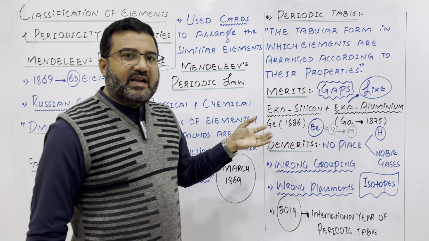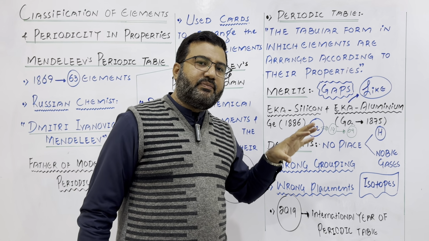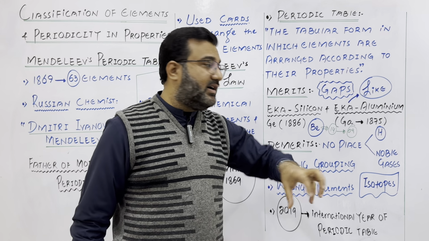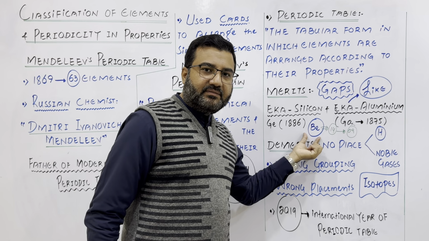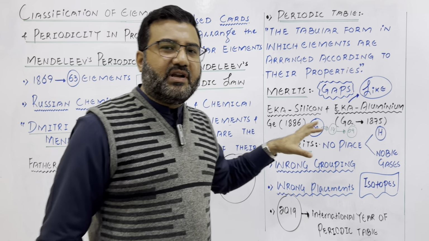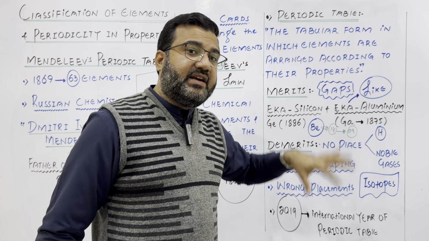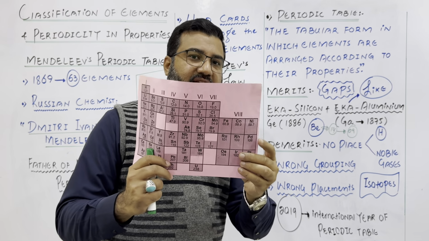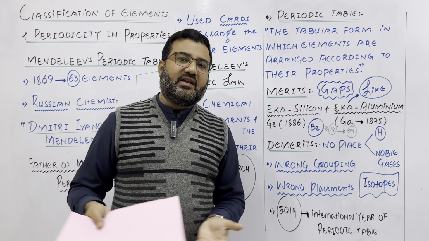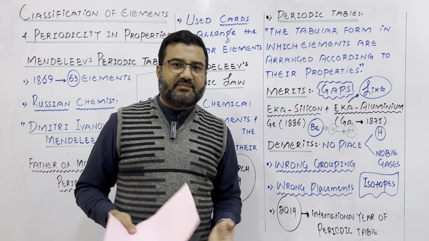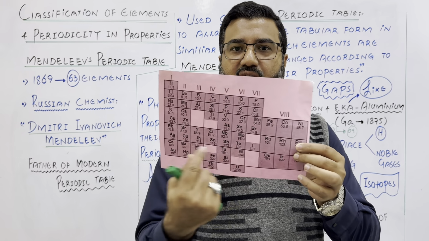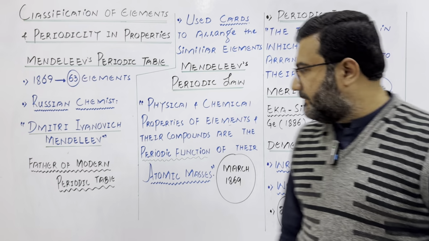But Mendeleev argued that it is quite possible that the atomic masses of iodine and tellurium are wrongly determined, just like the atomic mass of beryllium. So he said that in future it is possible that the atomic mass of tellurium and iodine will be redetermined and his placements will be justified. But this never happened, because in the modern periodic table, even though they have the same masses, their placements are different. So that was another mistake, because he disobeyed the ascending order at some places in his periodic table.